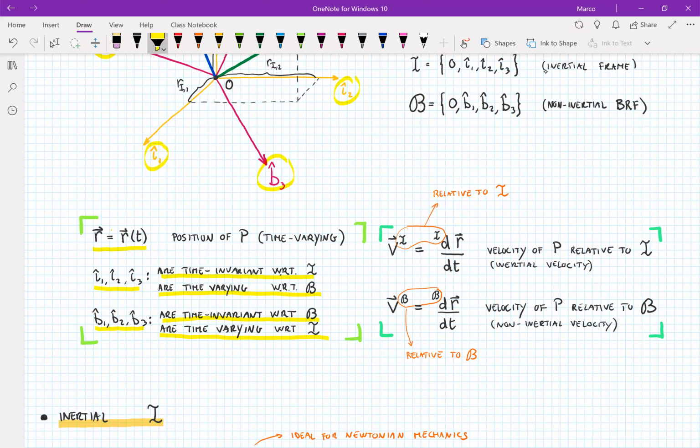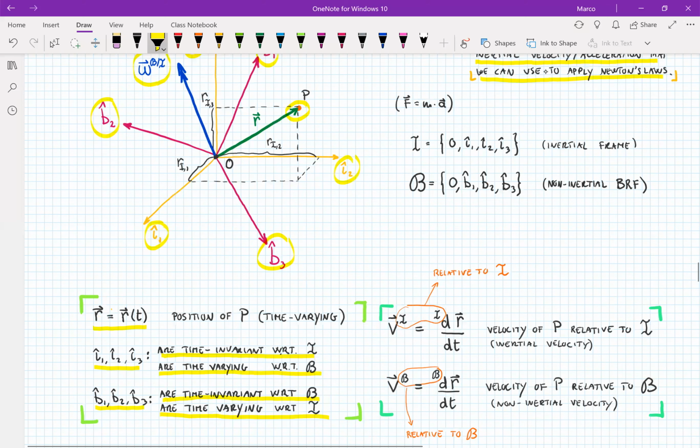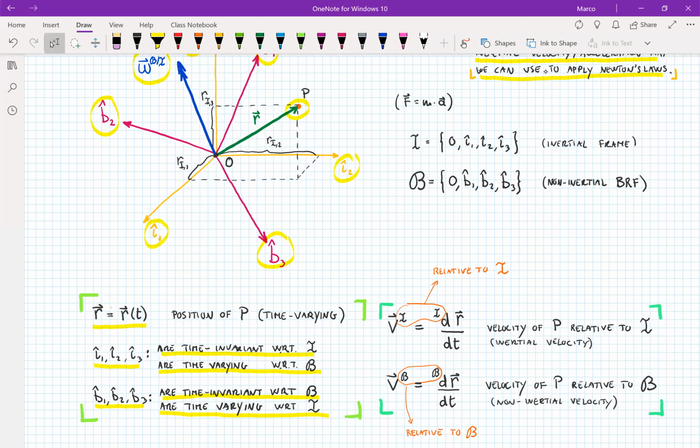The other thing now is the velocity of P. We have two frames of reference, so we can express the velocity relative to the inertial frame of reference, and we're going to indicate it with V and superscript I. This doesn't have anything to do with the coordinates. It's just the velocity of P with respect to the I frame of reference.